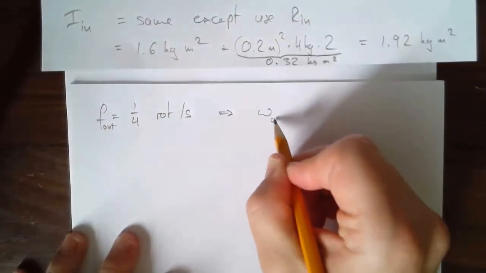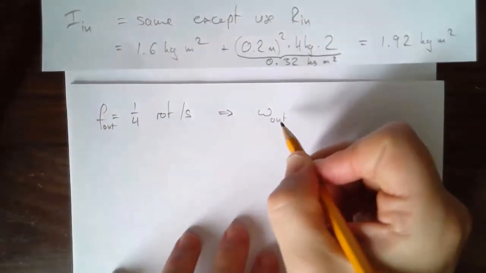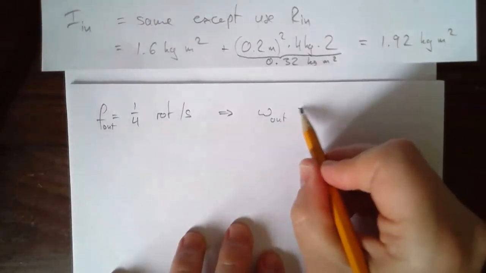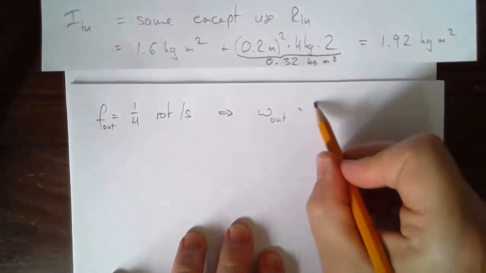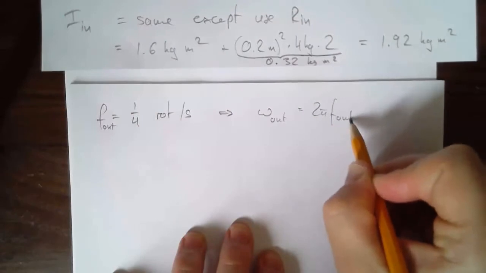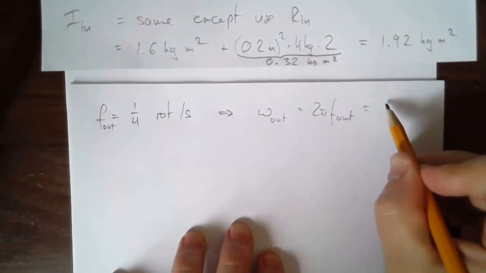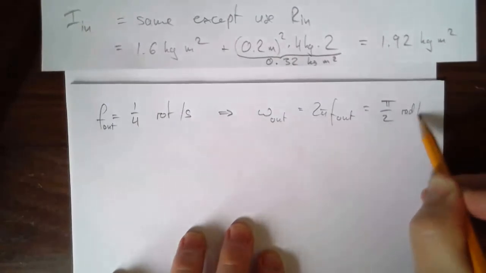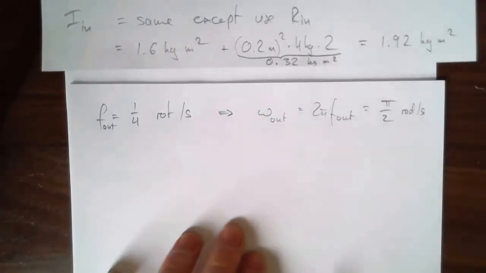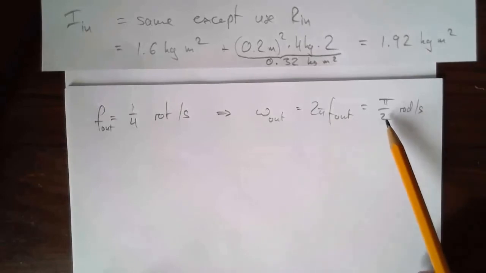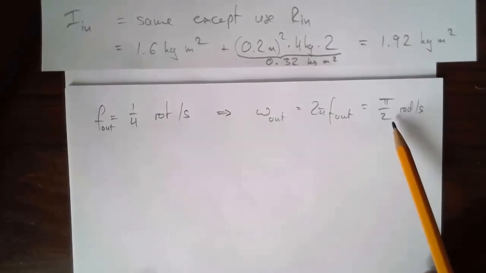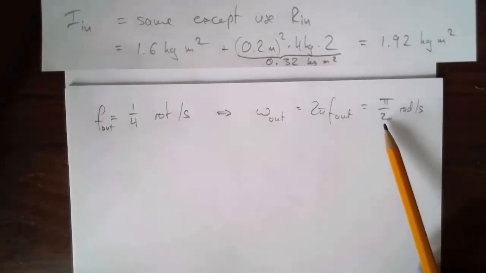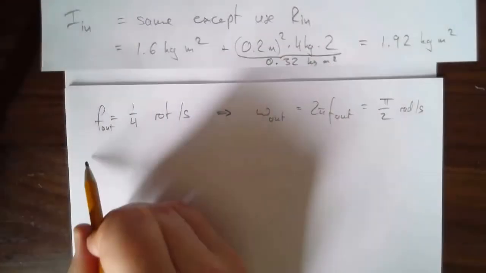It implies that my angular velocity while my arms are out is 2 pi times that, 2 pi f out, which of course comes to pi over 2 radians per second. Alright. So now I want to apply angular momentum conservation.